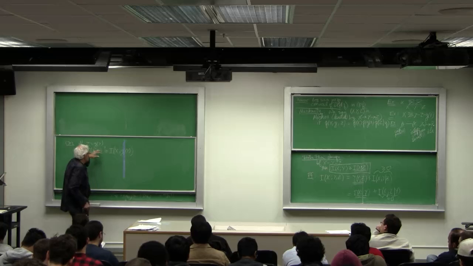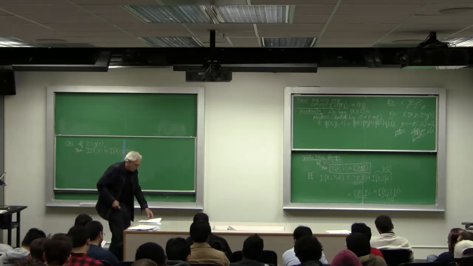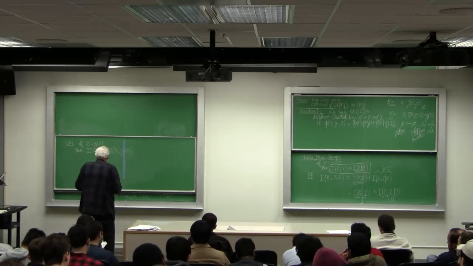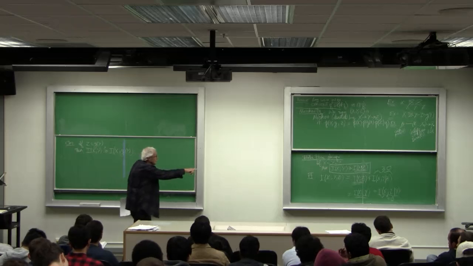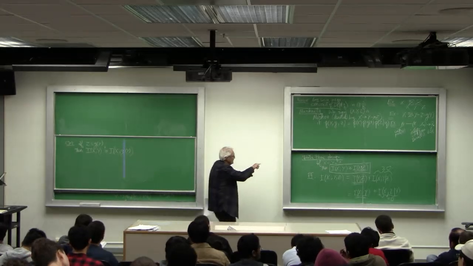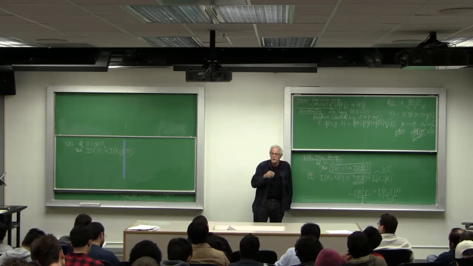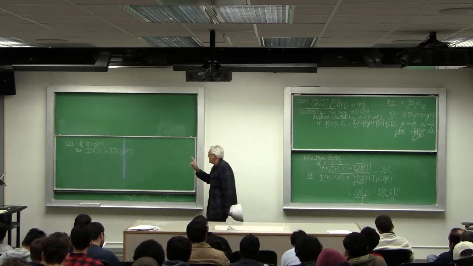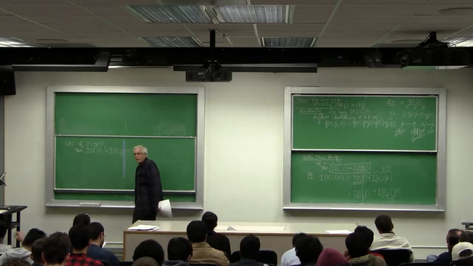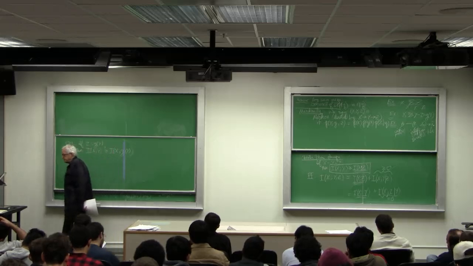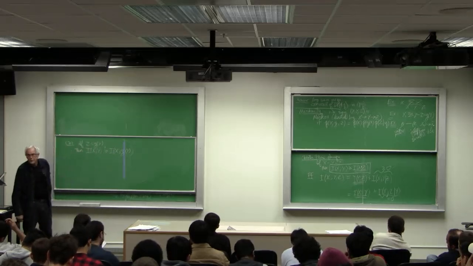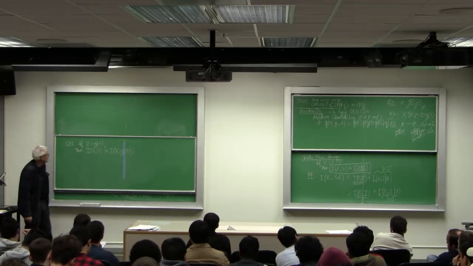But this is a special case where G is a degenerate function. That is, the conditional distribution of Z given Y is degenerate. Its mass is either 1 or 0.